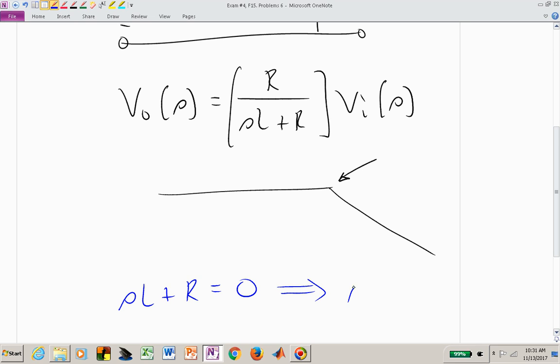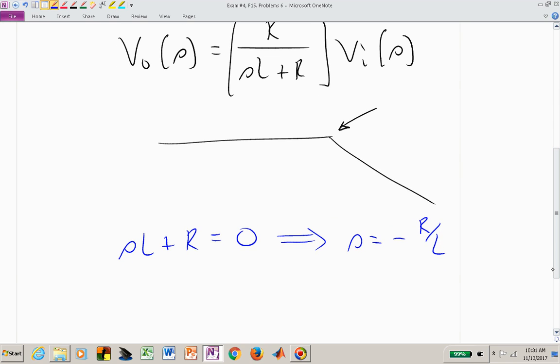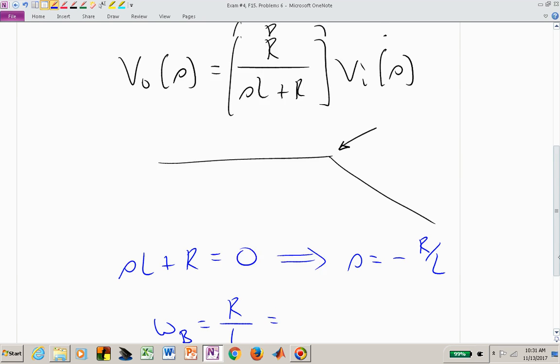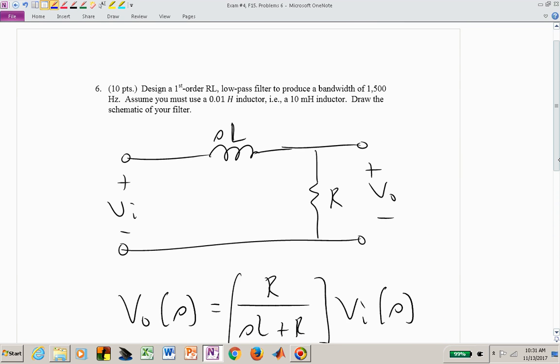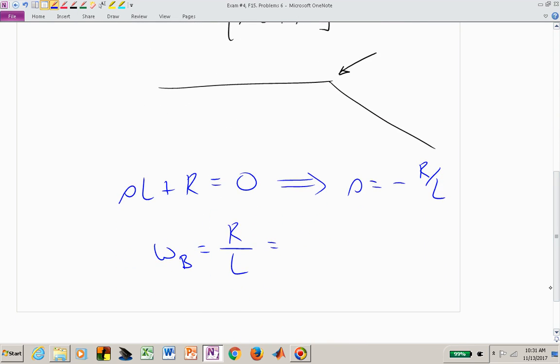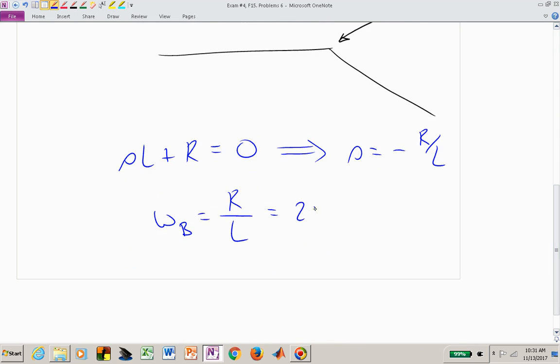And if I solve that for s, I now see that that's minus R over L. And my frequency then, my break frequency, is this R over L. But I wanted that to be 1,500 hertz. And omega is in radians, which is 2 pi times f.